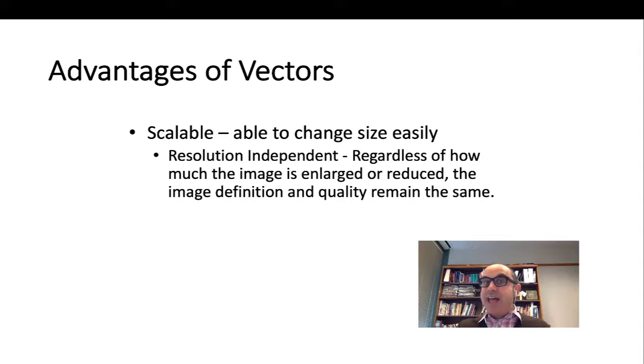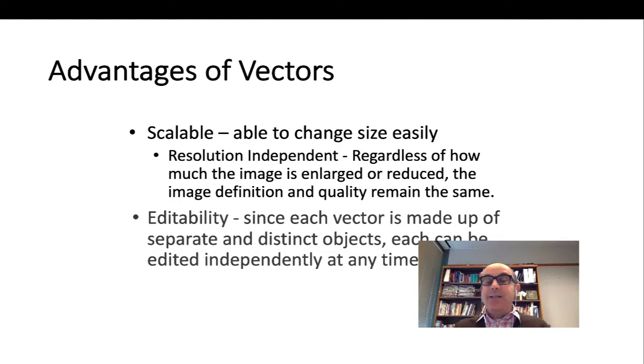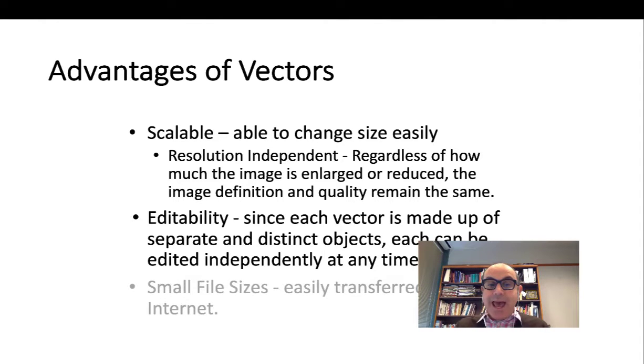So the biggest advantage of vector is that it is scalable, which means the resolution is independent, and another advantage is the ability to edit. You can edit each element, compared to pixel by pixel, which is really hard to edit. The advantage of vector is that we can edit.